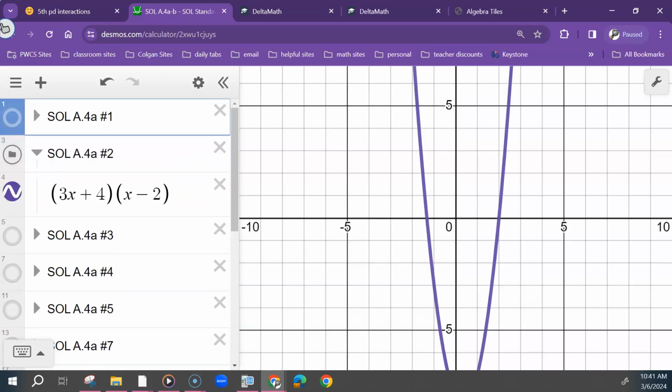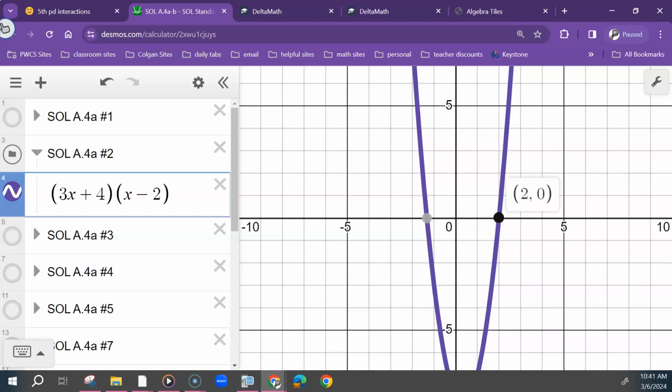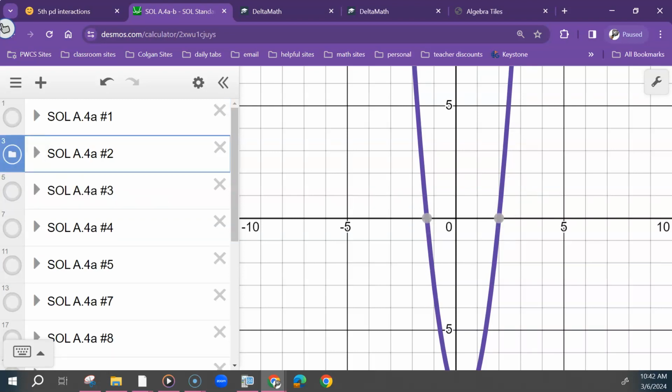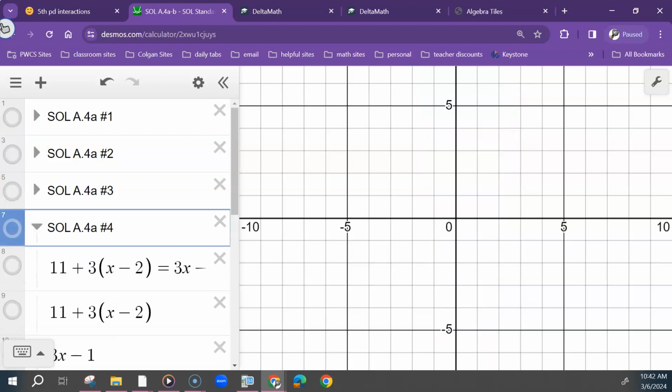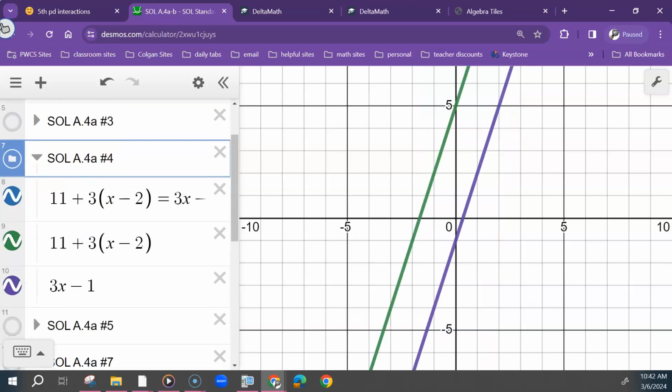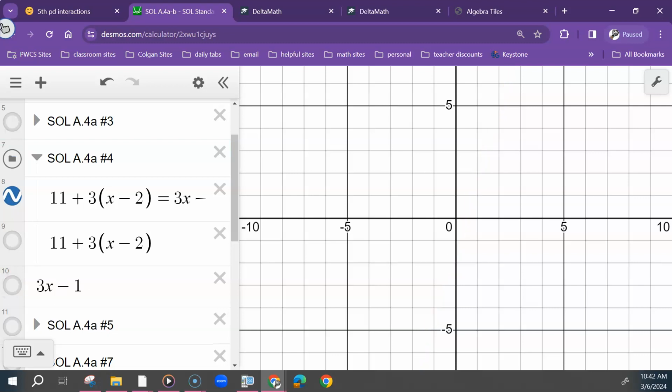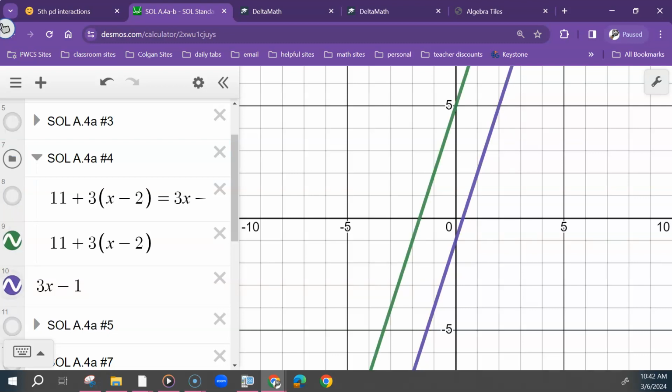For the ones you don't know how to solve, put that in. Look at your x-intercepts, and you can find those solutions. If you get something where nothing appears, put them in separately. And you'll see that they're parallel lines, so no solution.